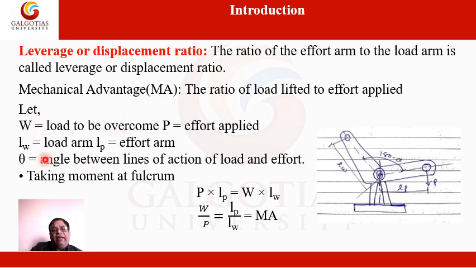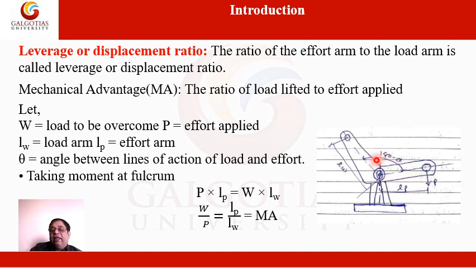In the mechanical advantage, W is the load to overcome and P is the effort applied, LW is the load arm, LP is the effort arm, and theta is the angle between the lines of action of load and effort. Here the crank lever is shown. LW is the moment arm of W with respect to the fixed point O, and LP is the moment arm of the force P with respect to this pin.